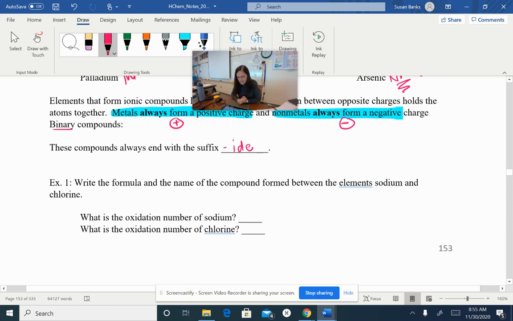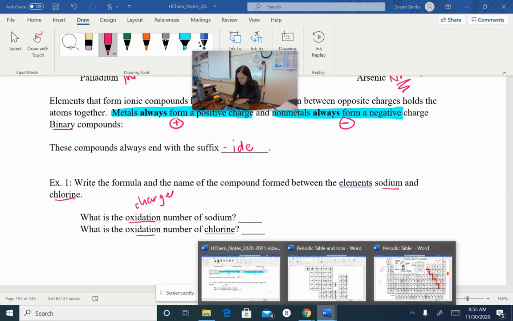Write the formula and the name between the elements of sodium and chlorine. Okay, so I'm going to ask you a question in a way that I haven't asked it to you before. I'm going to ask you what the oxidation number is. And the oxidation number is really, what is the charge? What is the charge that sodium would have? And what is the charge that chlorine will have?